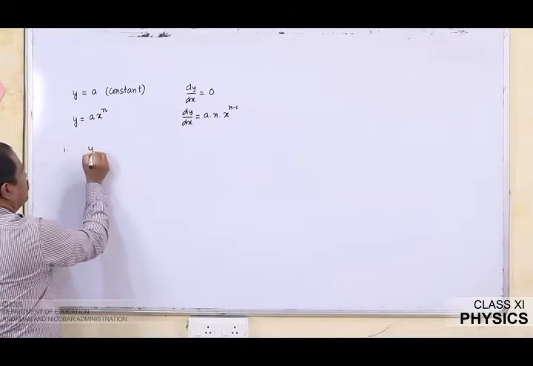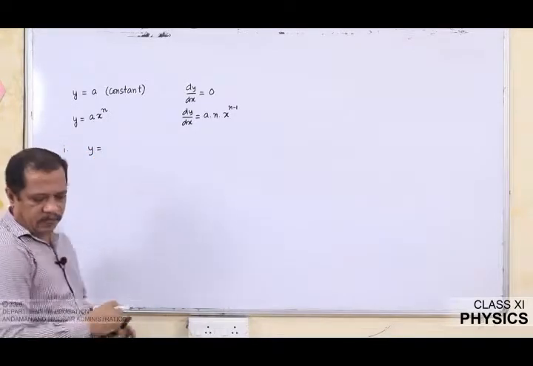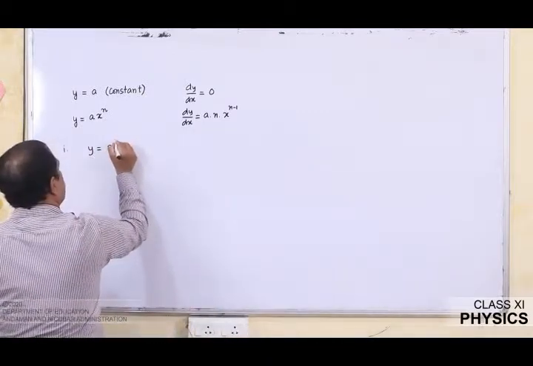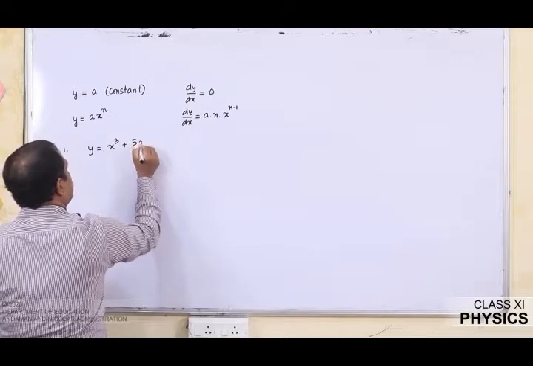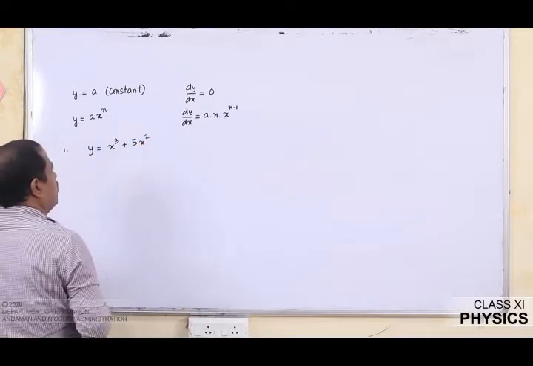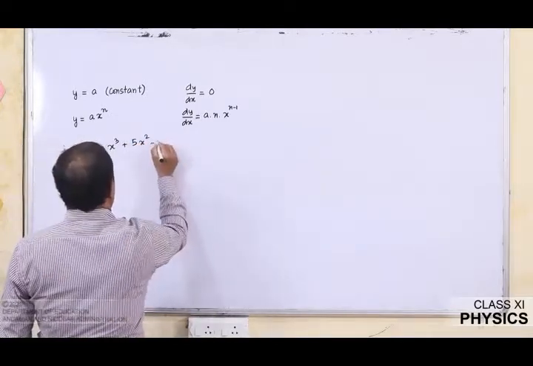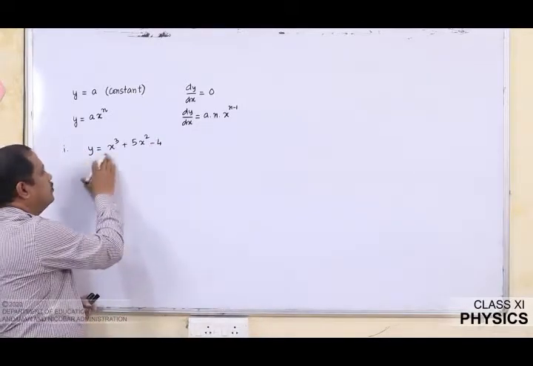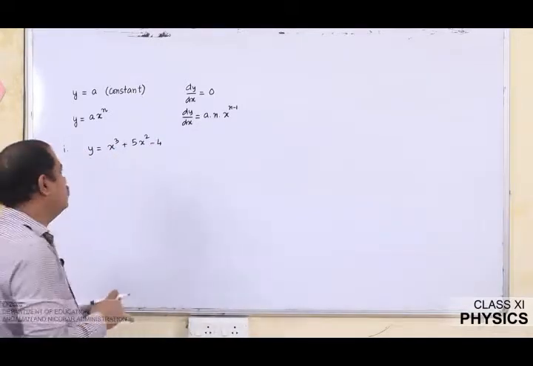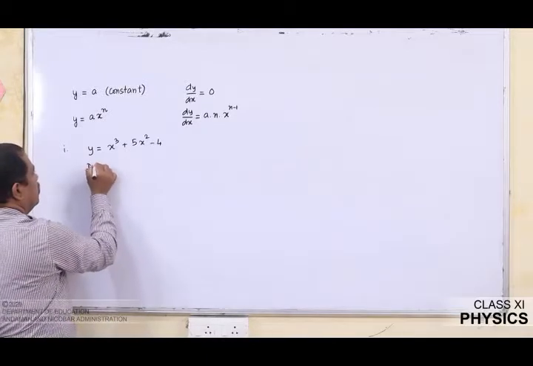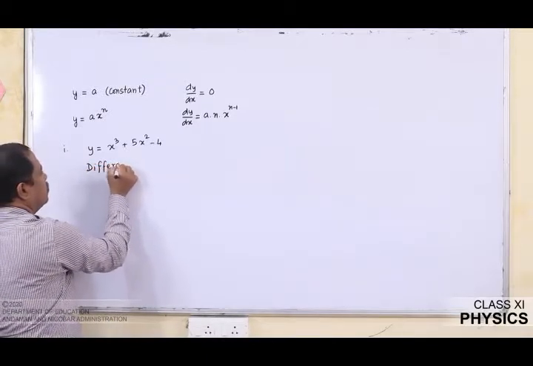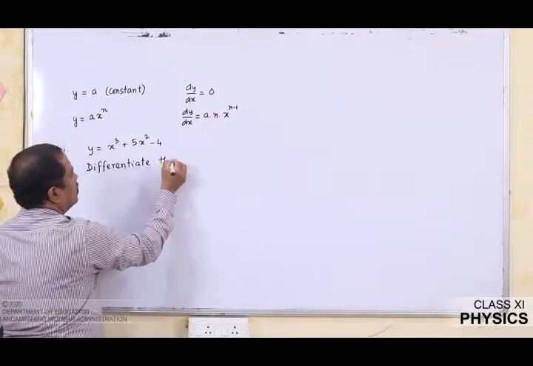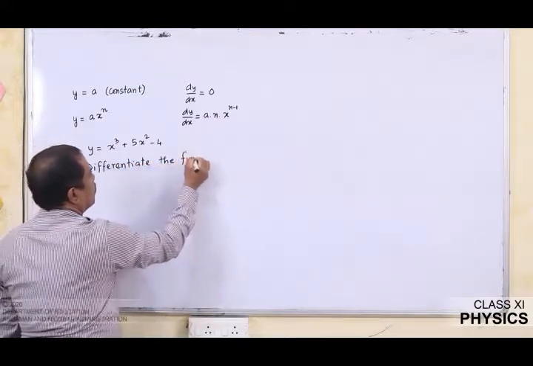Let me say that I have a function y is equal to x cube plus 5x square minus 4. So this is a function, y is a function of x, and I am asked to differentiate the function.